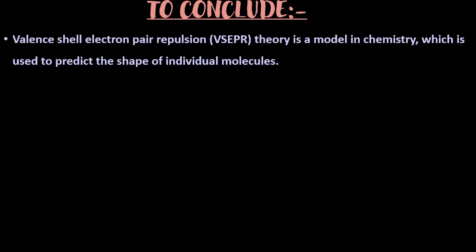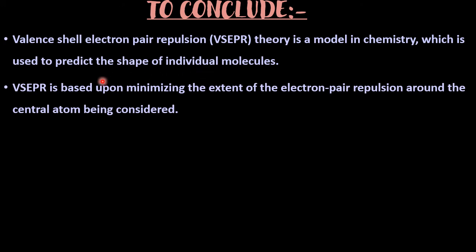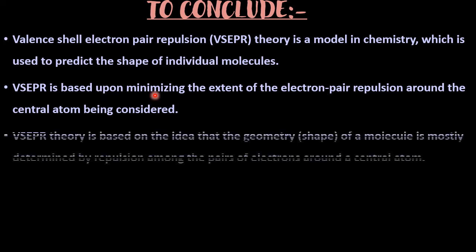So, my dear cadets, to conclude, I told you in the beginning about the VSEPR theory. VSEPR theory is a model in chemistry which is used to predict the shape of individual molecules. VSEPR is based upon minimizing the extent of the electron pair repulsion around the central atom being considered. So, minimizing the repulsion.